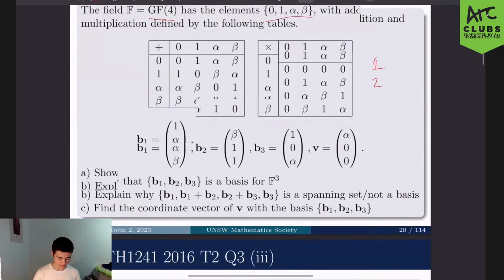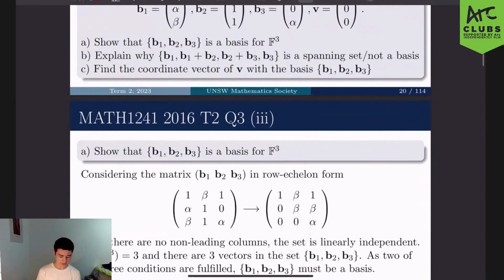So we dive into part A, we see the matrix, we row reduce it, and we have 3 leading columns. That's beautiful. That means we got a linearly independent set. And more so, the dimension of F3 is 3. We got 3 vectors, dimension 3, we're happy. This must be a basis.